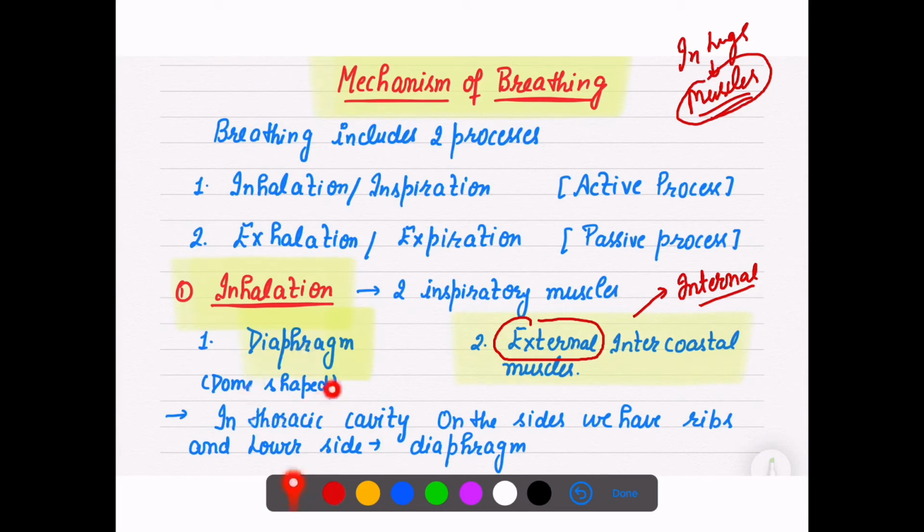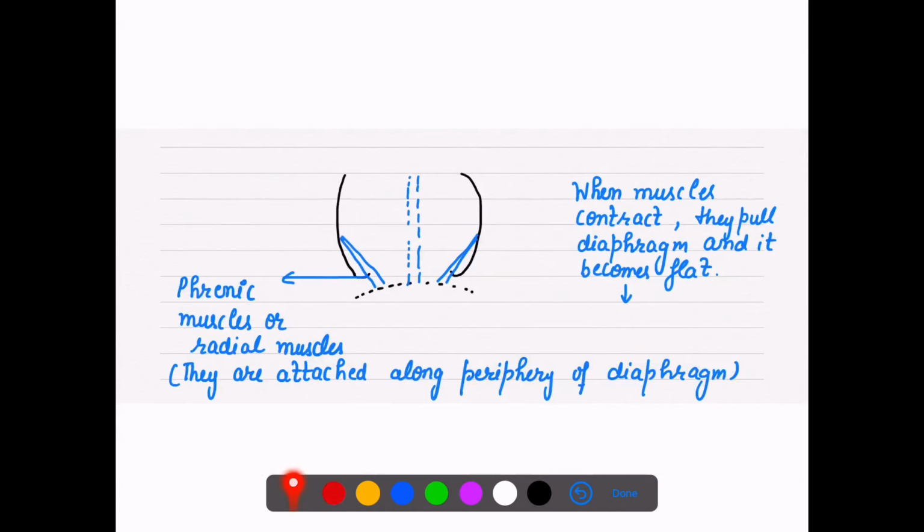Now the diaphragm, as you know, is the dome shaped structure, and in the thoracic cavity, what do you have on the sides? On the sides you have ribs, and on the lower side we have the diaphragm. So as you can see, this is our diaphragm, and from the diaphragm there are muscles which are attached to your ribs. The intercostal muscles are the ones that are with the ribs, attached here.